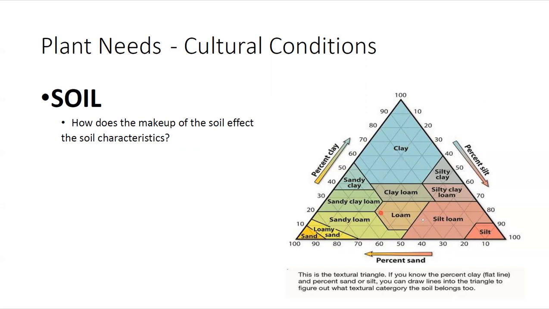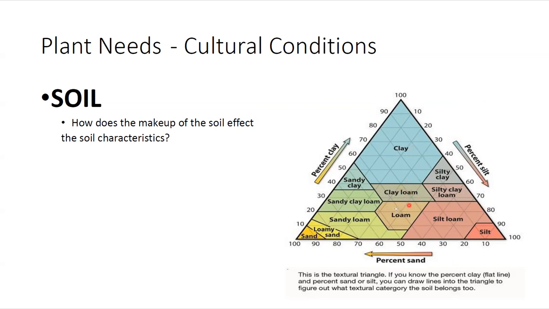Any combination, for the most part, of reasonably large portions of the sand, silt, or clay, any combination of that, we get some sort of loam soil. So you can see that we have a silt loam here, and that's a combination of sand, silt, and clay.